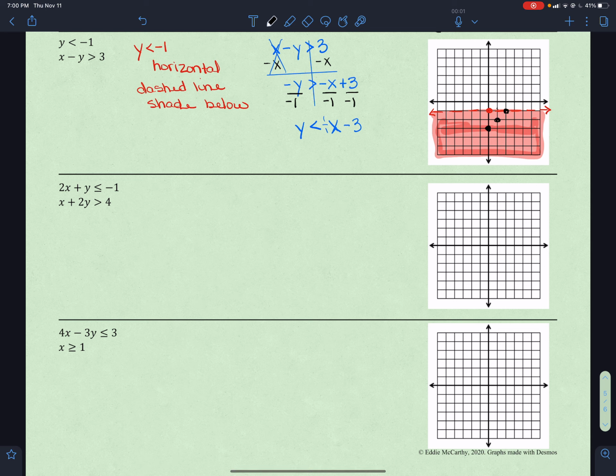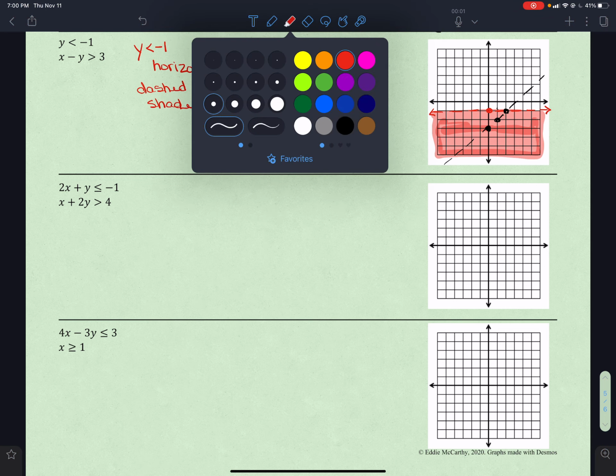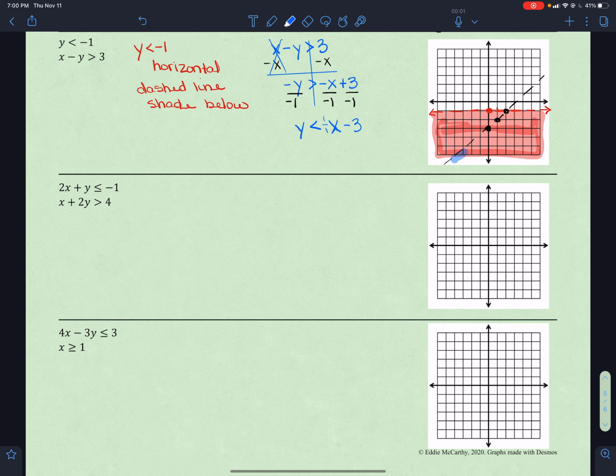Draw a dashed line all the way through our coordinate plane. And in this case, we are going to shade below. And our solutions for this one would be in this section here.